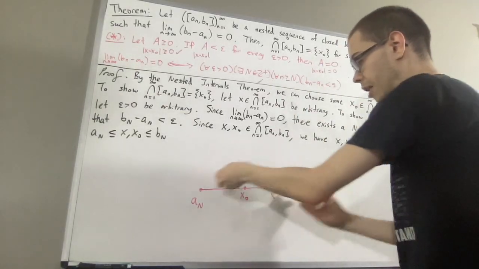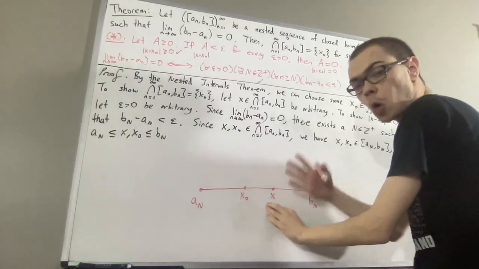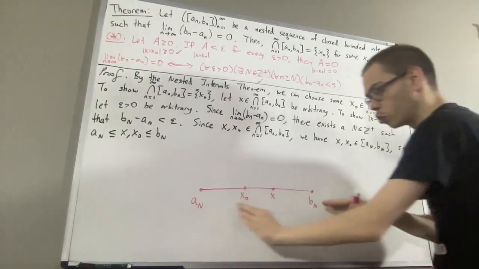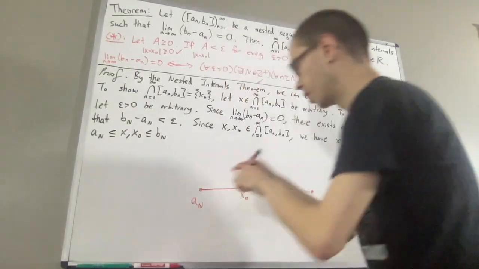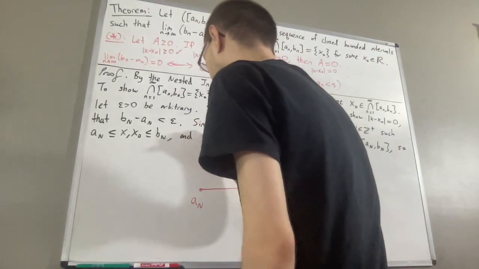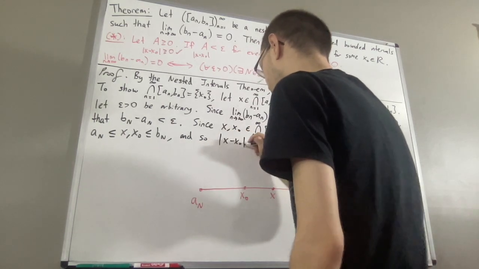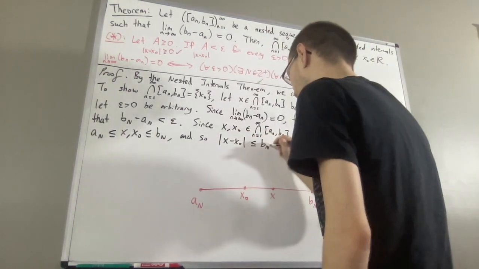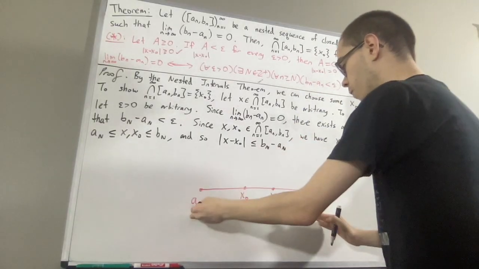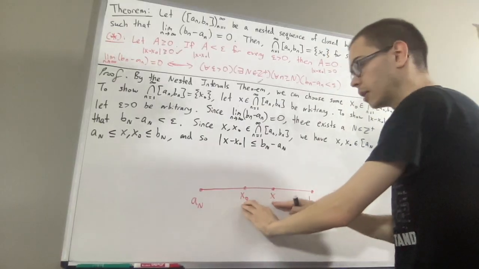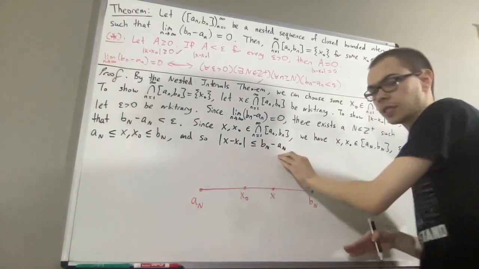Well, there's some elements in this closed bounded interval, but no matter where they are, the distance between them is always less than or equal to the distance between a capital N and b capital N. In other words, it follows that the absolute value of x minus x0 is less than or equal to b capital N minus a capital N. Right? So no matter what points they are in our closed bounded interval, the distance between them is going to be less than or equal to b capital N minus a capital N. Right? That's what this is saying.